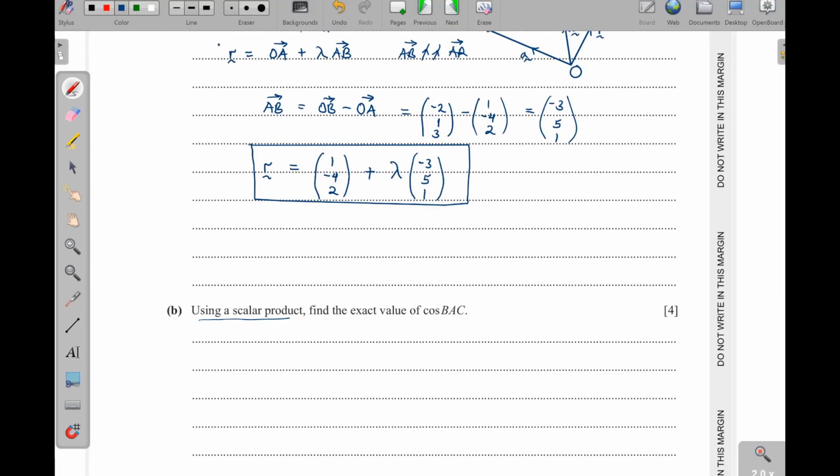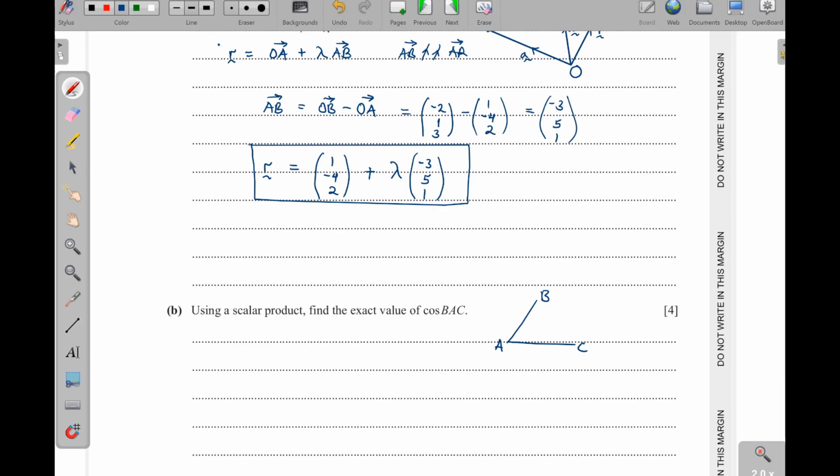Then part B, using a scalar product, find the exact value of cos of the angle BAC. Okay? Angle BAC. So what we can do, this is the one here. You have B, you have A, you have C. Now what we always do, you either go in or spread out.